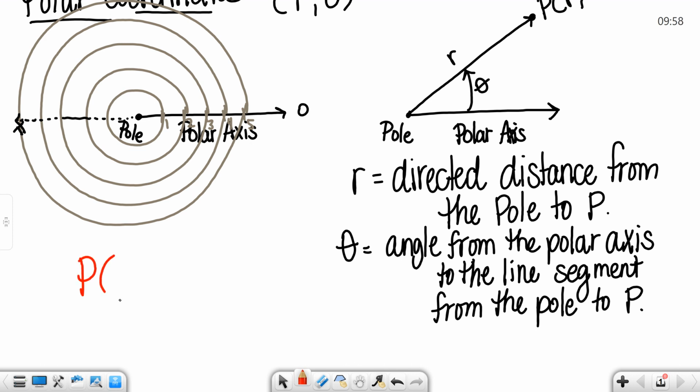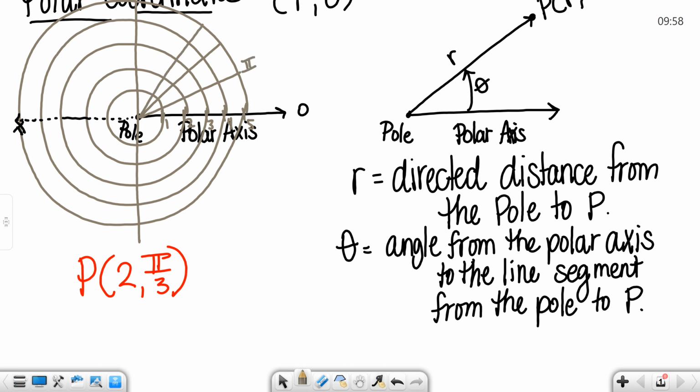Let's say I graph for you the ordered pair 2, pi over 3. Before I do that, another thing that often is on the polar grid is they will mark for you, and I'm going to do it in gray because it's not really a part of the graph, just like on the unit circle.